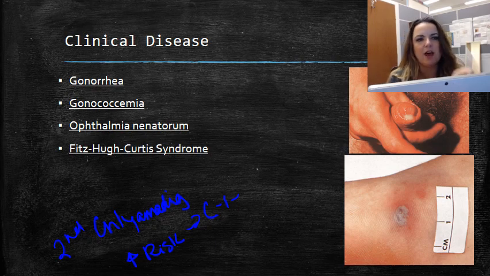Women actually have a higher risk of acquiring infection from a single sexual encounter than men. It's close to about 50%, whereas in men, it's only about 20% of a single exposure. So there is some gender difference there.